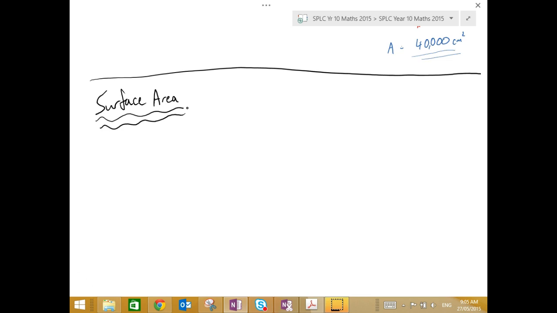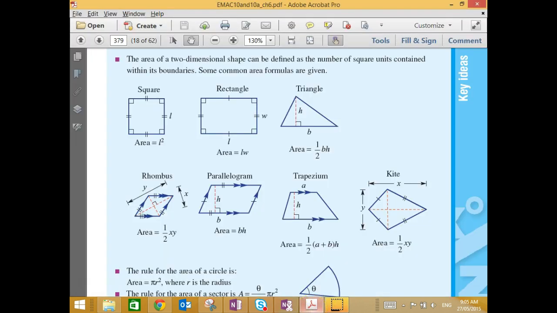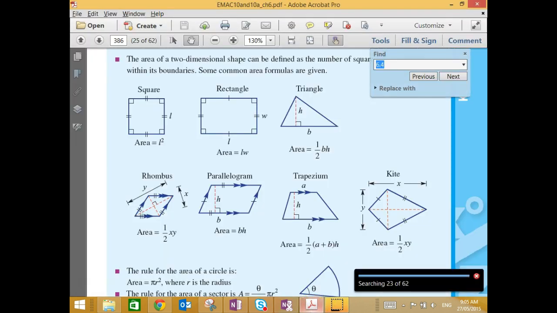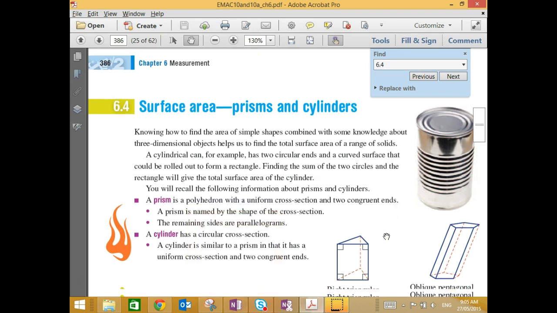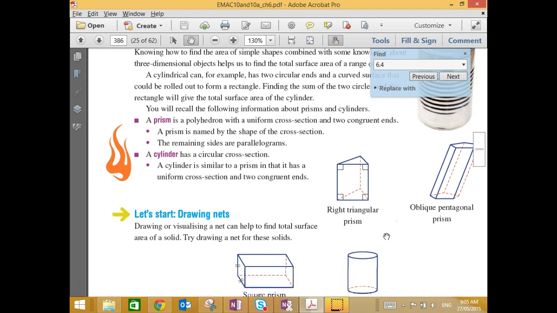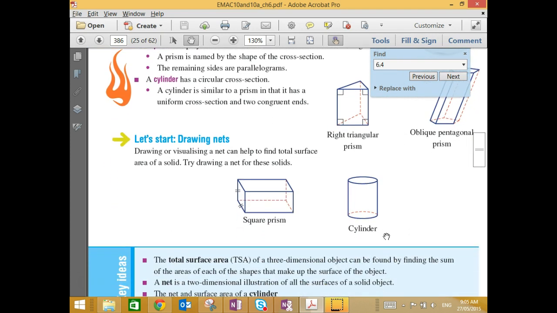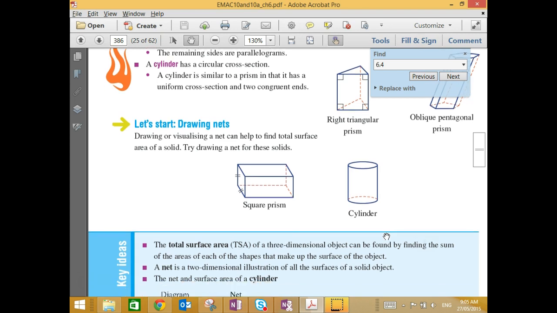Surface area. What is the surface area of something? It's the sum of the areas of the faces of a 3-dimensional object. I can't be bothered writing that out, so let's cheat and steal their one. Surface area, a prism, and now interestingly, a prism and a cylinder are 2 different things, but essentially cylinders work the same way as prisms.